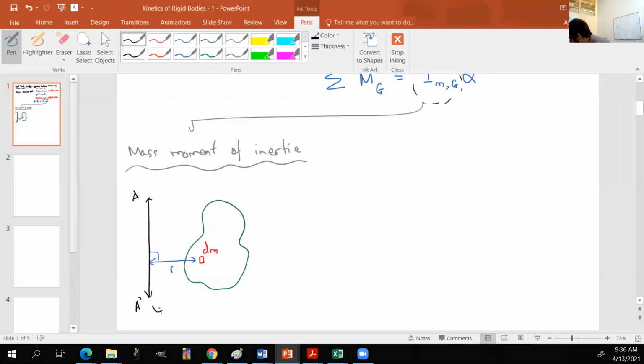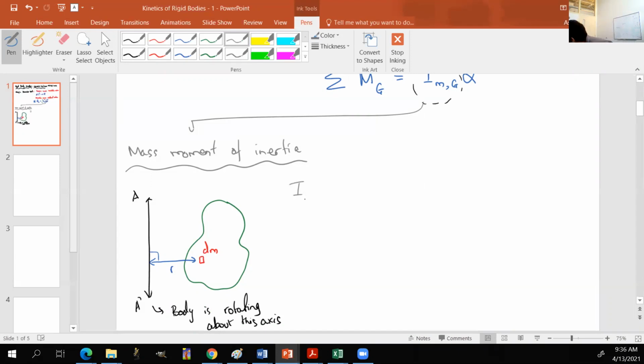Just to drive home the point, the body is rotating about this axis. The definition of the mass moment of inertia, the rotational inertia, is: you always want to say what point or axis you're finding your moment of inertia about.